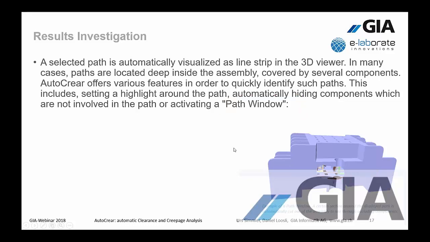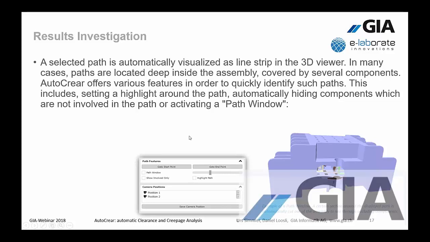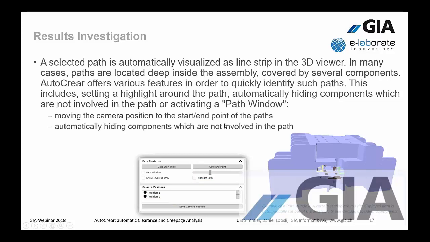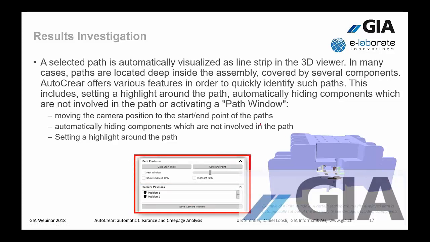This is a very useful feature, and additional features are available to highlight the paths and to bring in additional positions or views for the documentation later on. Combined with the path window, this helps you see the paths in complex assemblies very easily.